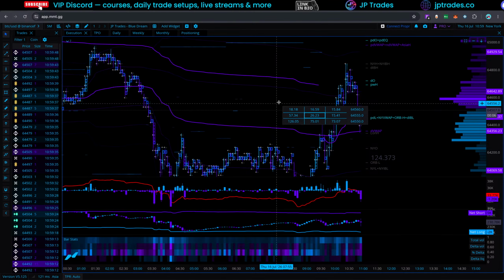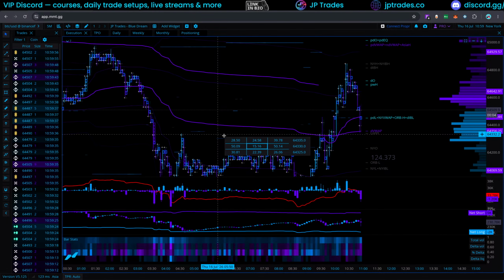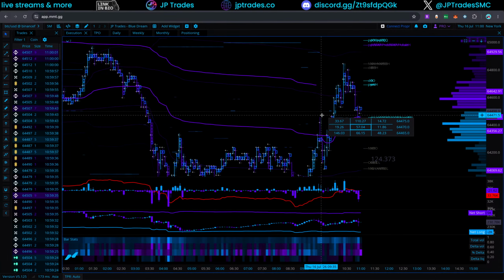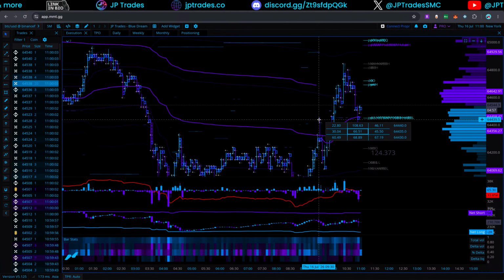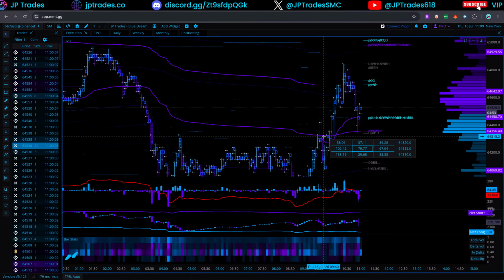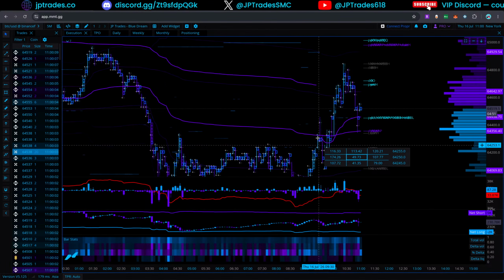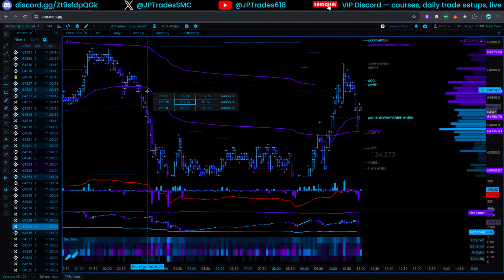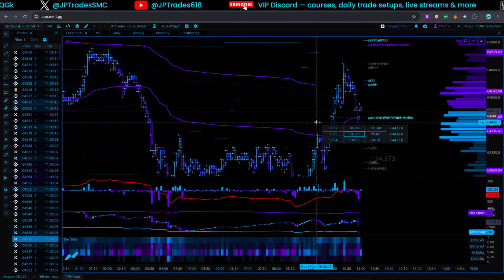You probably had stop losses all throughout here, which leads to a nice wick because you get a quick burst of buying right here when these shorts get stopped out, but it goes nowhere because that fuel is finite. It runs out real quick.